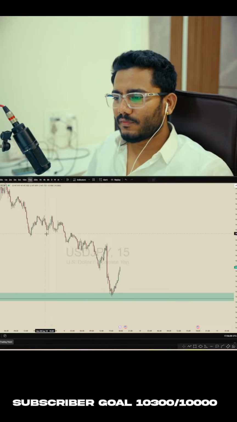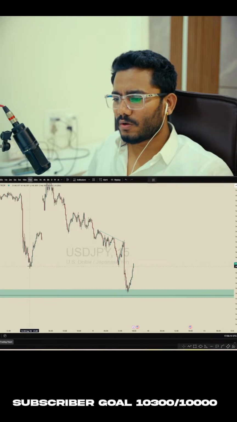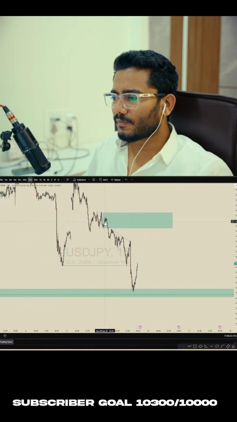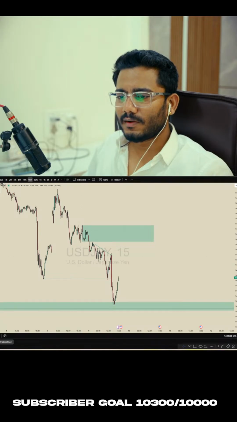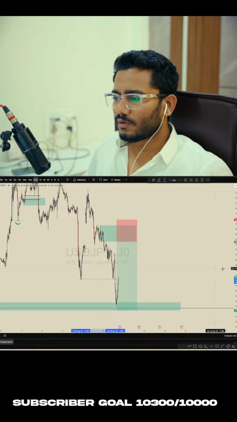Right now, price has created this trend line liquidity here. So price dropped, took out this high. We have inducement from here, and there is imbalance in the price. So we can use this zone for a sell side entry. And you can target the next low, which is this one.